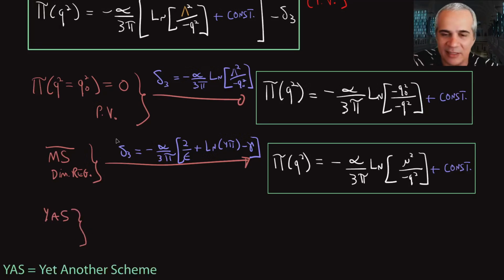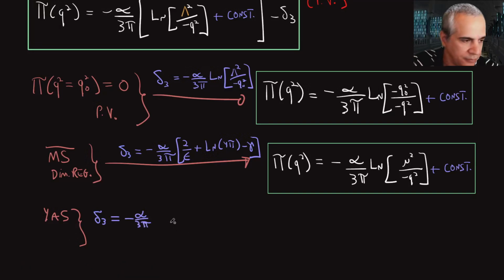And in this case, I just choose delta 3 to be minus alpha over 3 pi, 2 over epsilon plus the log of mu square minus q0 square, which is just a number, right?